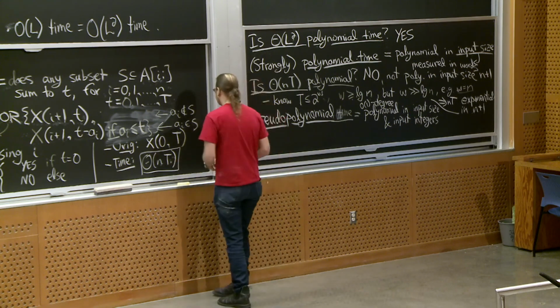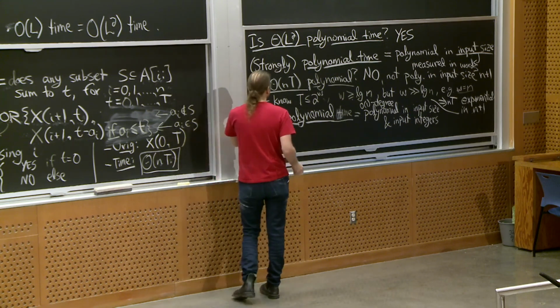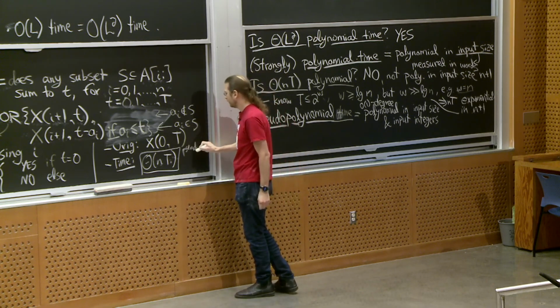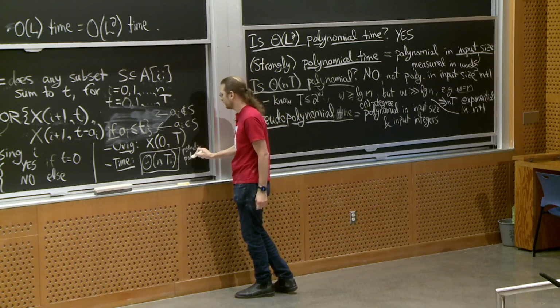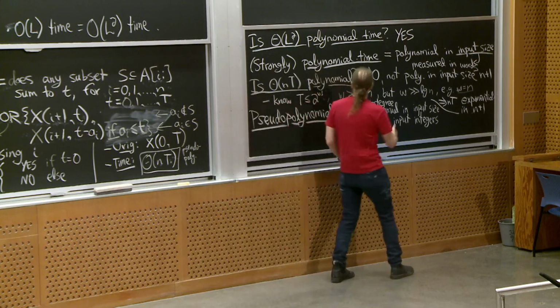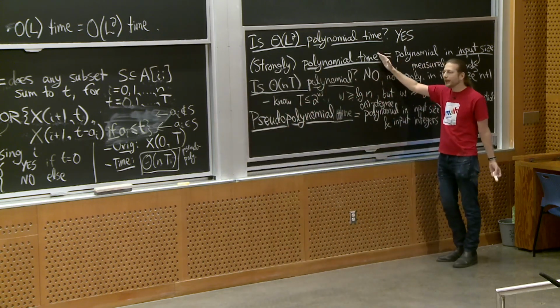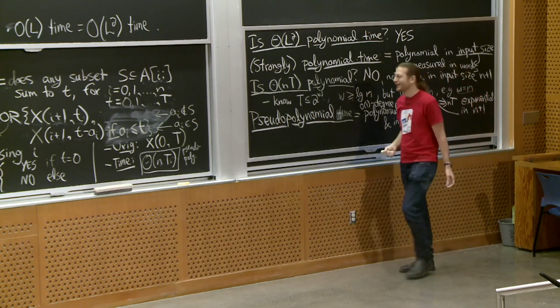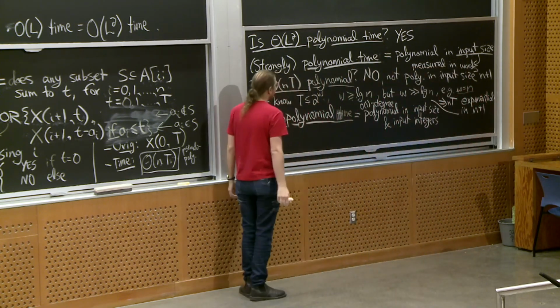So this running time is pseudopoly, but not poly. While normally we think of polynomial time as good and exponential time as bad, pseudopolynomial is what we normally call pretty good, to be informal.